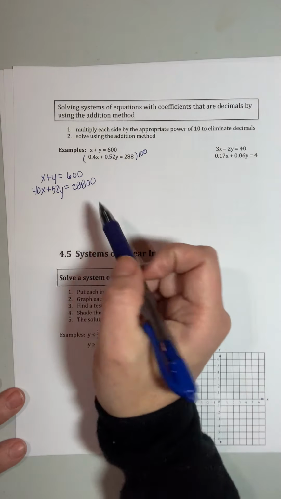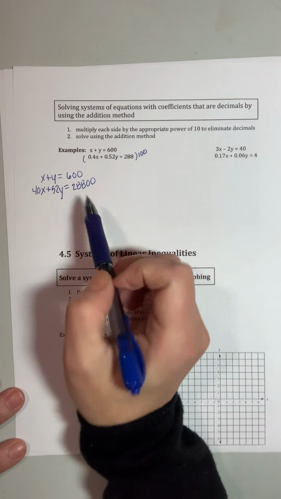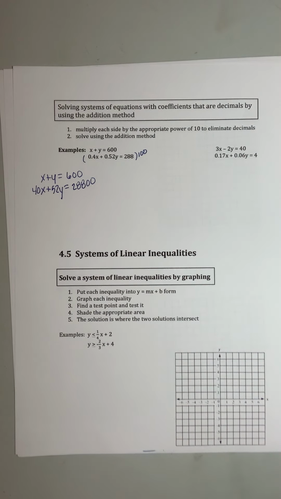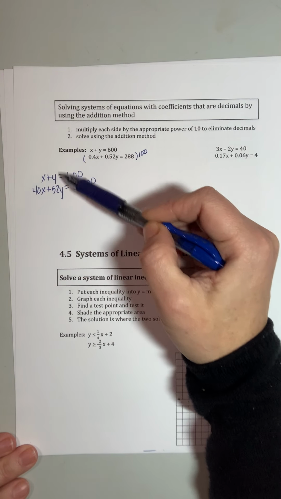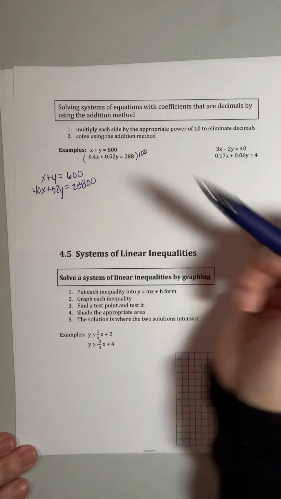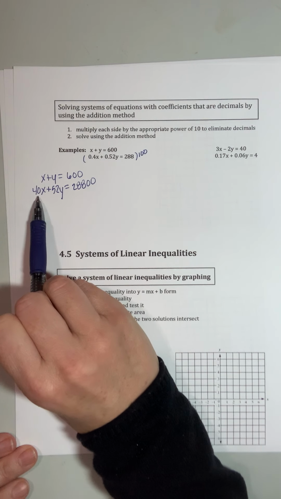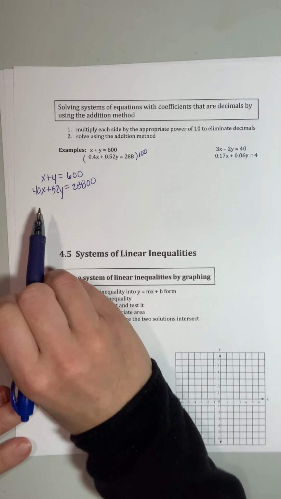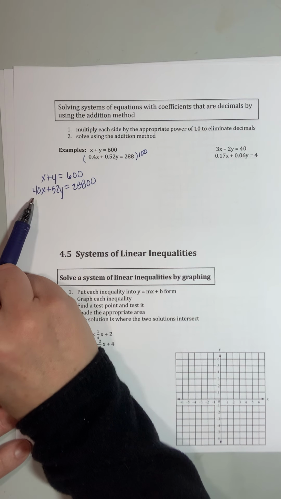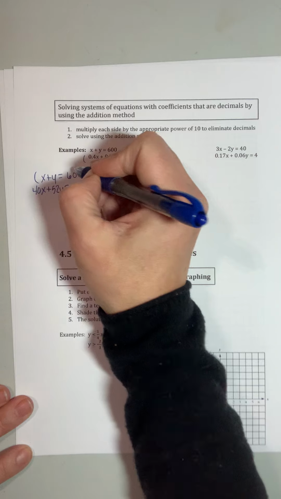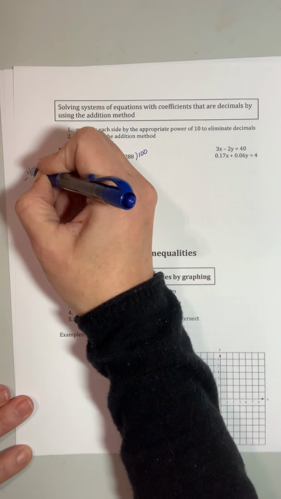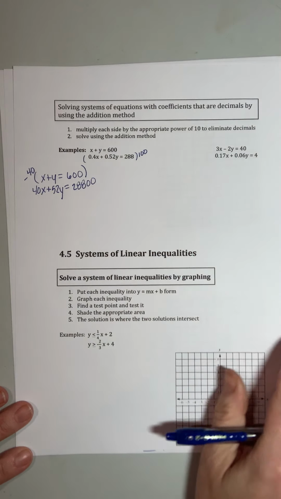Okay, so now we eliminated our decimals, but do we have opposites? No, we don't. So we need to get an opposite. Well, we can either go opposite of the 40 or opposite of the 52, it doesn't matter. If I have a 40 here, let's take the top and get it to negative 40. So we need to multiply all this by negative 40.